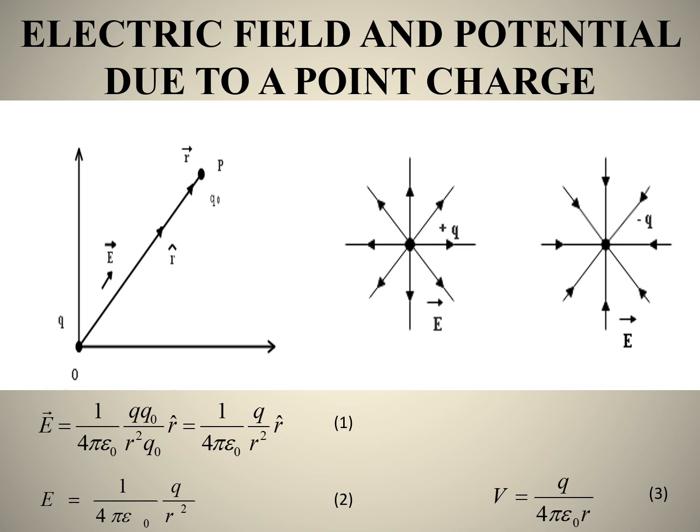Similarly for potential also, if the charge is negative, then expression 3 will have a minus sign. That means it will be given by V equals minus q by 4 pi epsilon naught r.